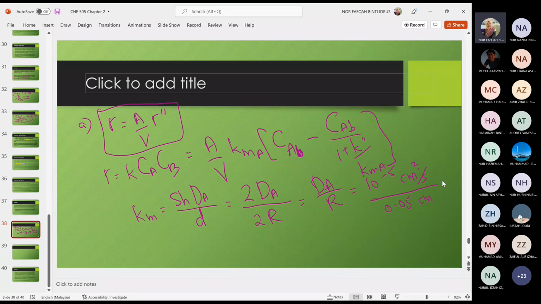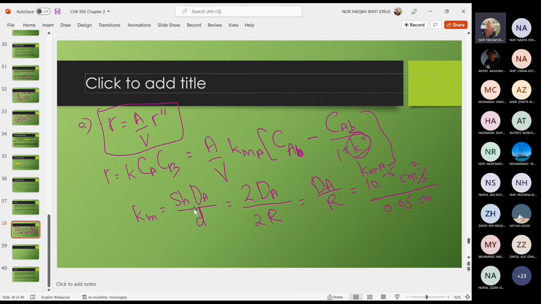So, kalau tengok data yang dia bagi, we are only able to calculate KMA value because we have the diffusivity and the radius and also the Sherwood number. Tapi the problem, if we want to use this mass balance equation, we need to have this K prime value. Yang ni tak ada dalam soalan. So, how we are going to solve the problem?